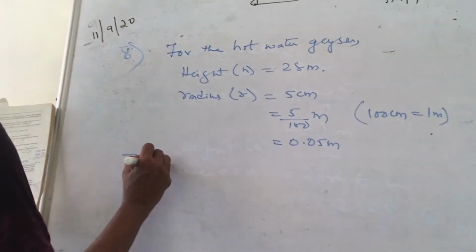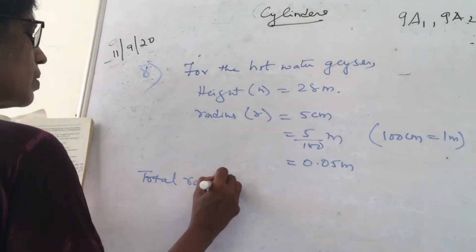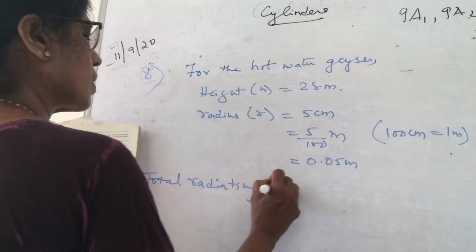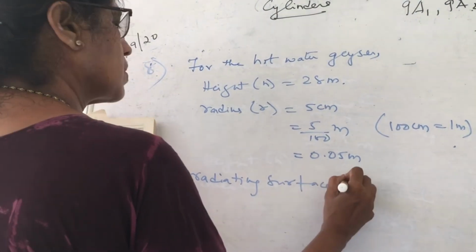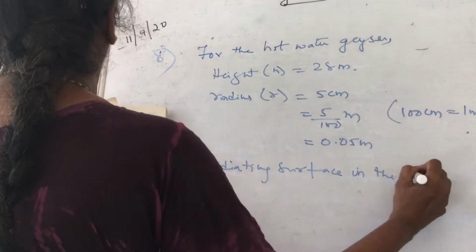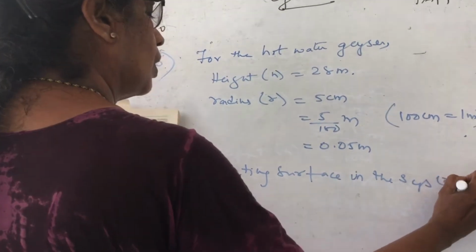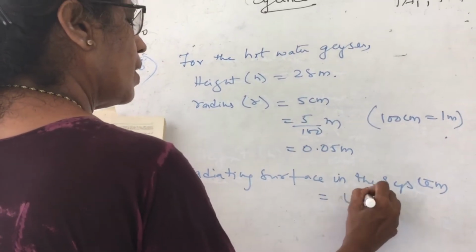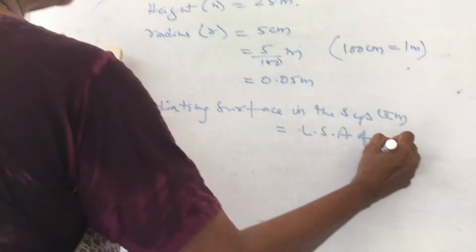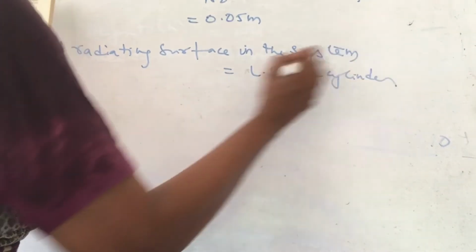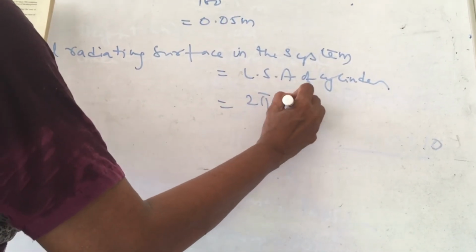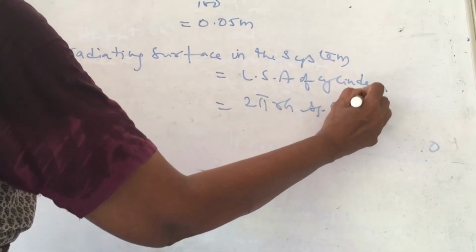Total radiating surface in the system is equal to what? It is LSA of the cylinder, that is equal to 2 pi RH square units.